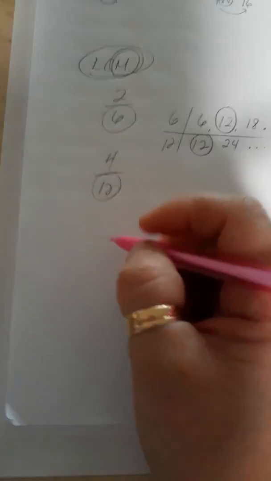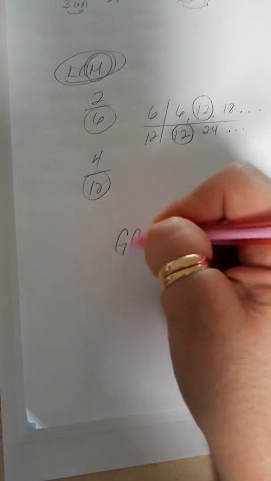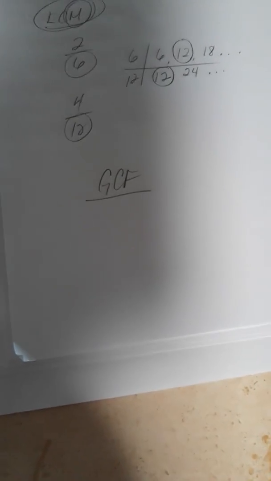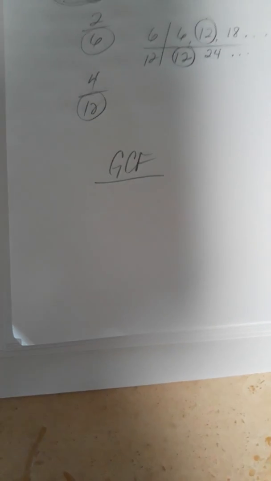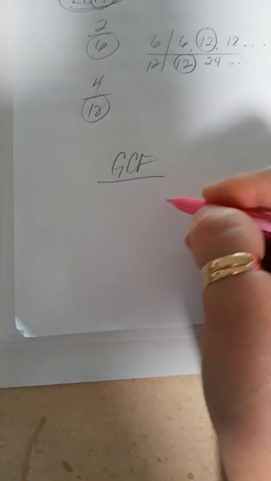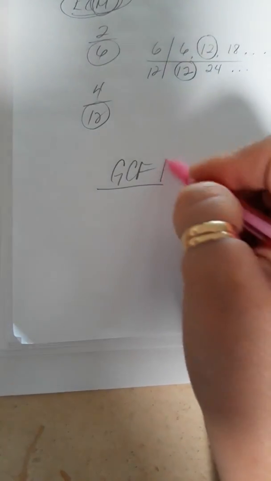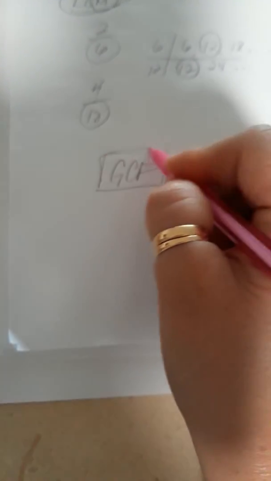If we're going to find the greatest common factor, the factors are the pairs of numbers that you multiply. The answer is what we call the product. We use the greatest common factor to simplify or reduce a fraction.